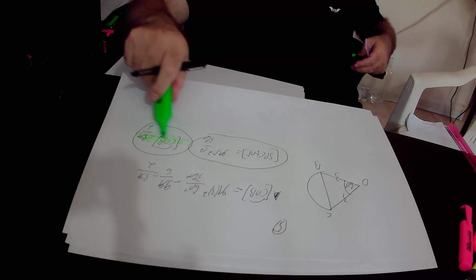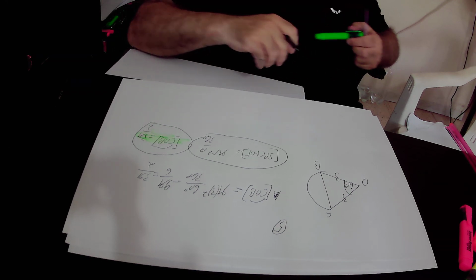Again, what is the area of the green shape?